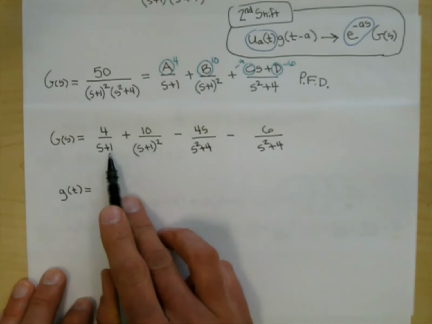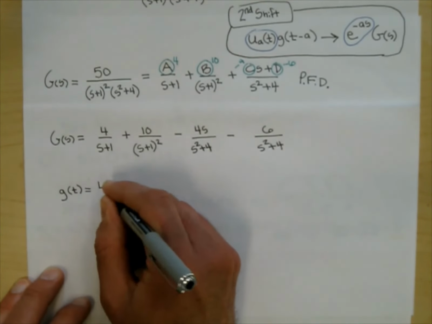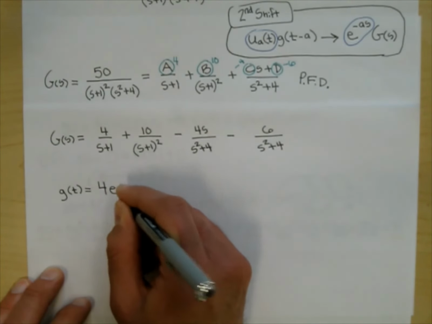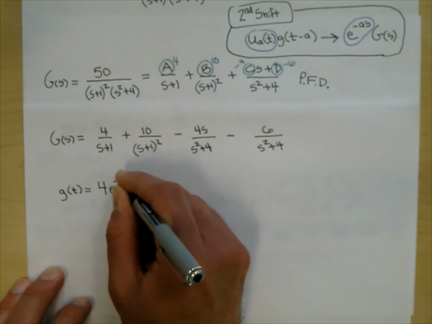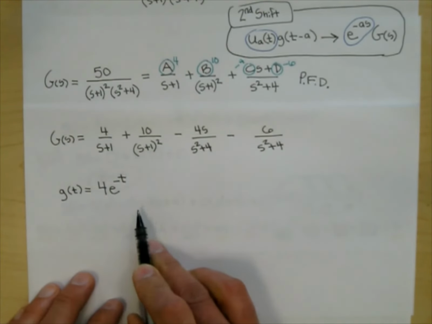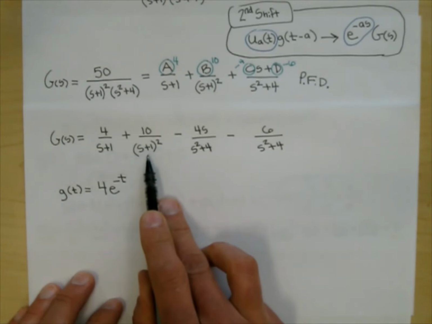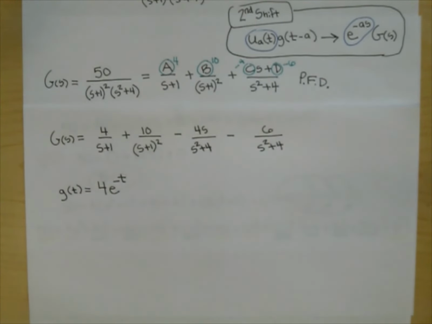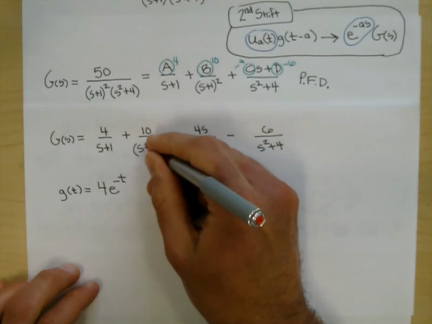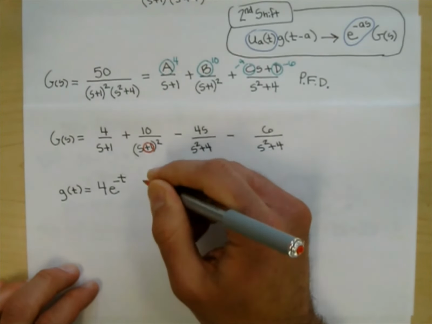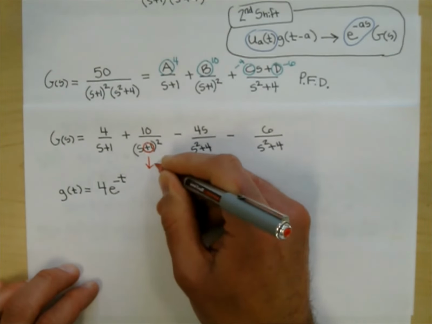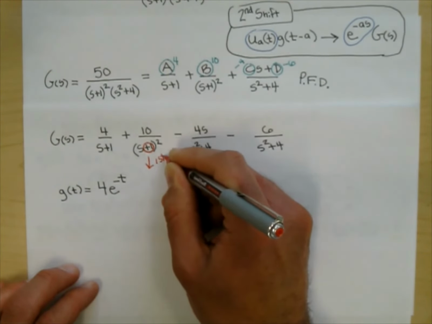I have 4 over s plus 1. That's going to give me a 4 e to the negative t. This one right here, I'm trying to take the inverse transform of that. I notice a plus 1 there. So this right here is going to be first shifting theorem.